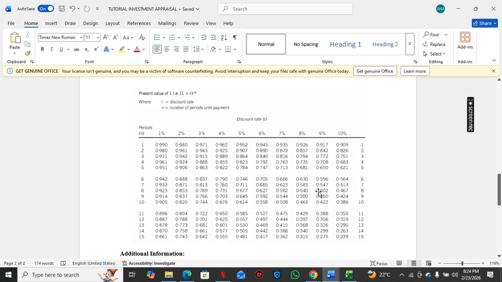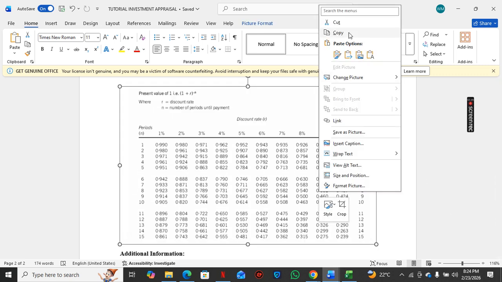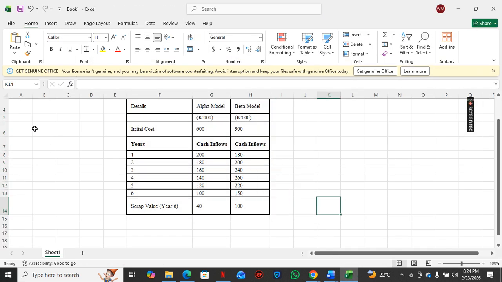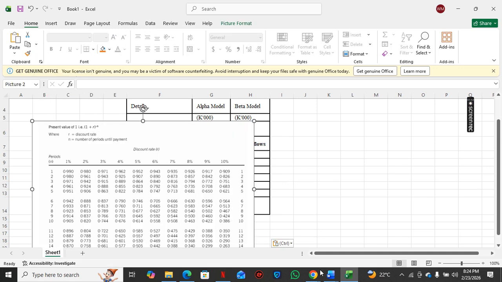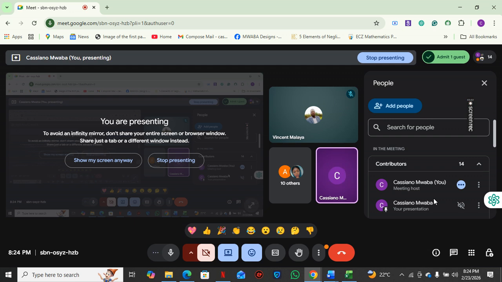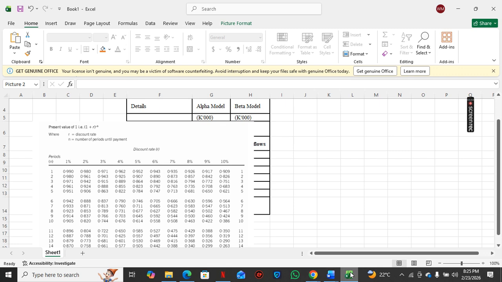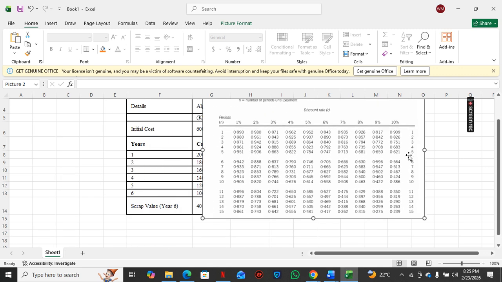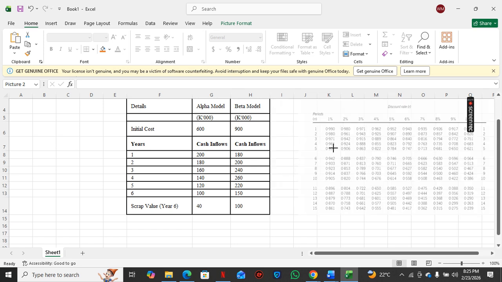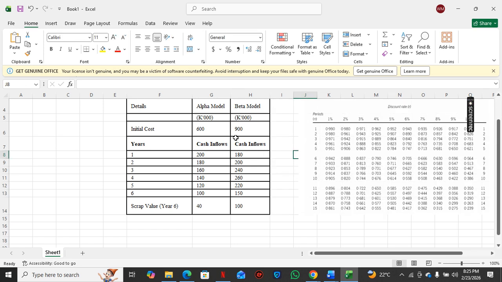Let me take all this information to Excel. As always, I will do the alpha model, then as a class you will do the beta model, so that as we move, we are learning. We're going to use the internal rate of return to evaluate the alpha model.